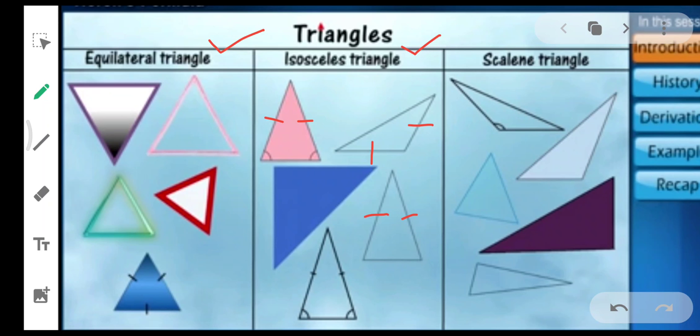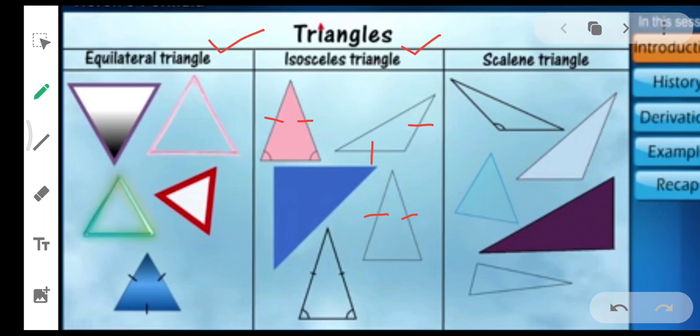And if all sides are unequal, then we call them scalene triangles. You have been learning this classification from 6th class, and you made many charts based on this concept.